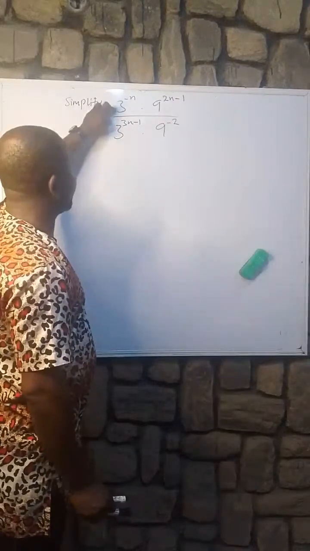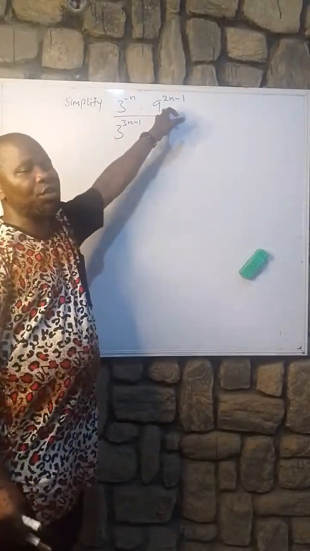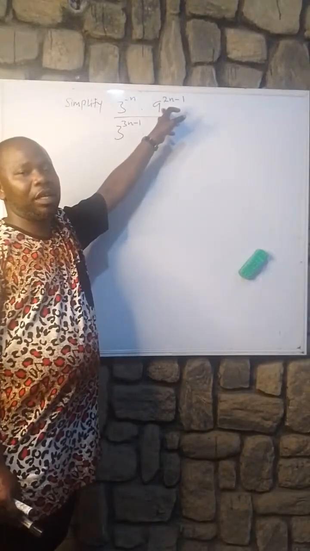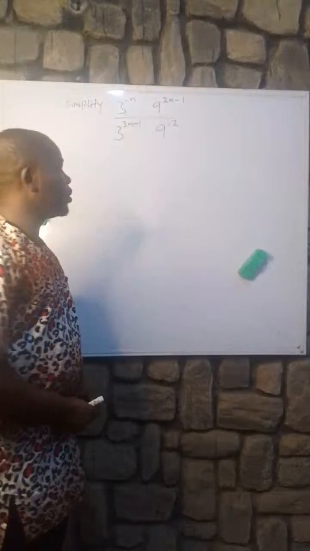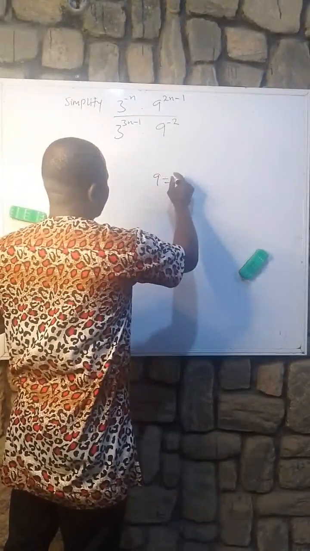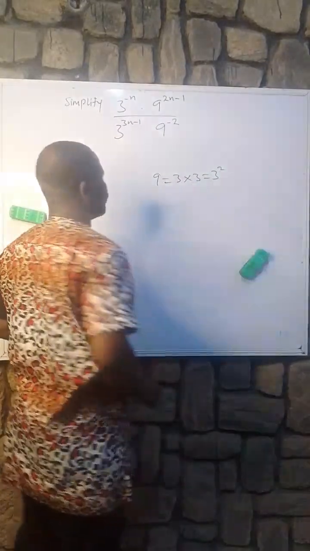The base here is 3, but here we have 9. So we have to reduce this 9 to base 3 so that we can easily apply the law. The same thing on the denominator. You know very well that 9 is the same as 3 times 3, which is equal to 3 raised to the power 2.